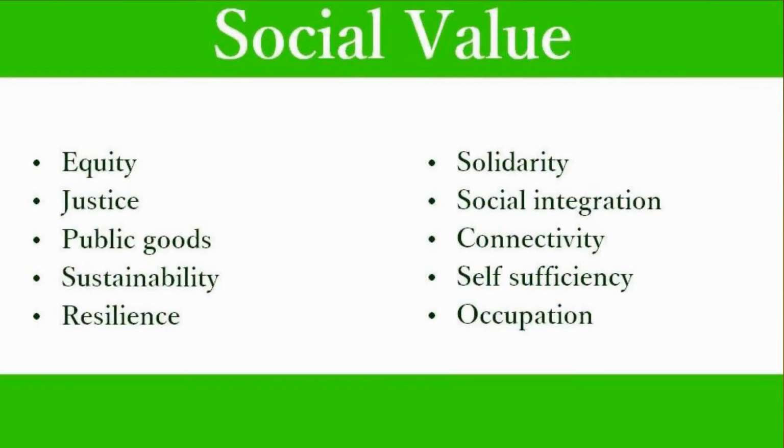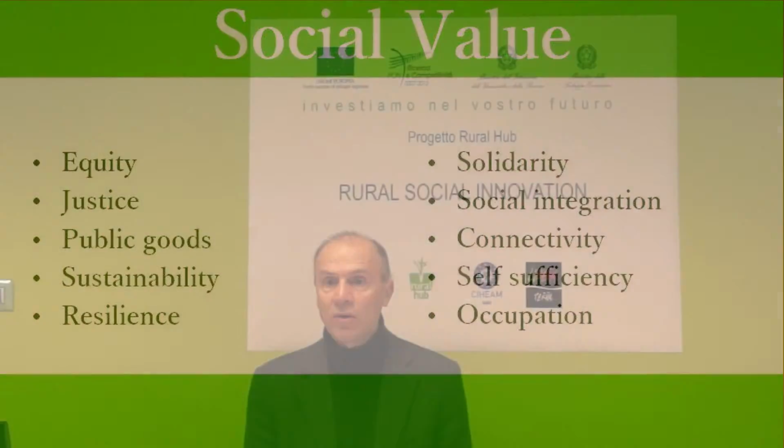When we solve social problems, we can say that we create social value, so creation of value related to the solution or contribution to the solution of social problems. And you can find a long list of social values: equity, justice, public goods, sustainability, resilience, solidarity, social integration, connectivity, self-sufficiency, occupation. All of this can be considered social value.